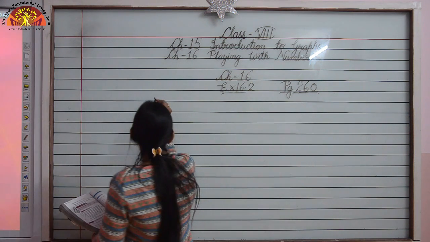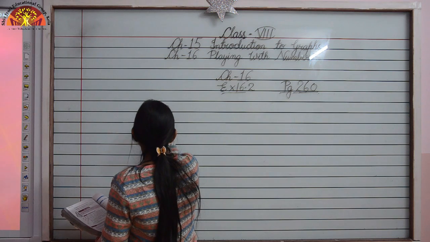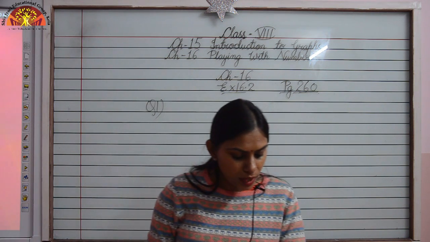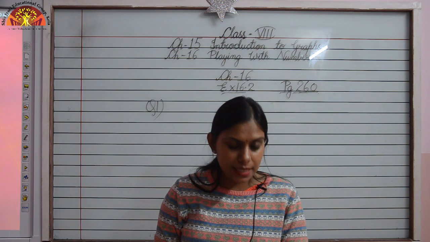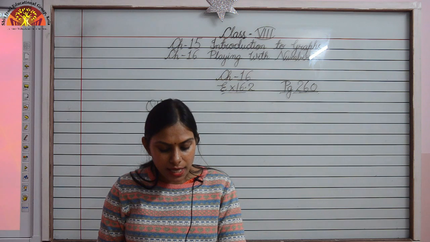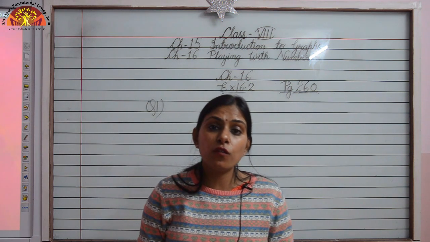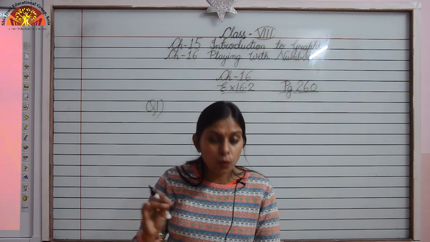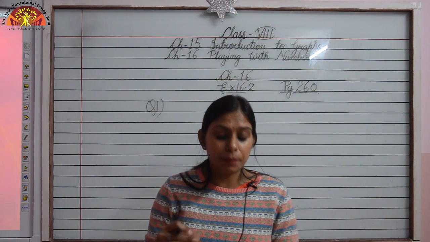Okay, so children, just see the first question. Now question number 1. If 21y5 is a multiple of 9, where y is a digit, what is the value of y? It is given, children, that the number 21y5 is a multiple of 9.